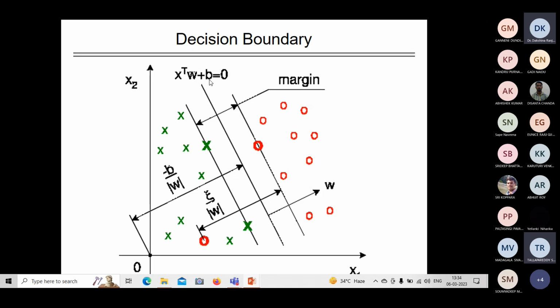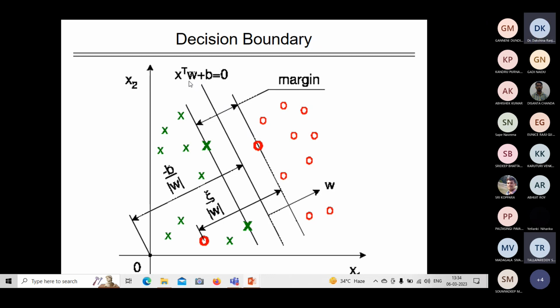Now what is bias? The bias decides where the hyperplane is to be placed. That means the location of the hyperplane is decided by the bias, and the orientation of the hyperplane is decided by the weight vector. Here we can write w transpose x, or this is also okay.